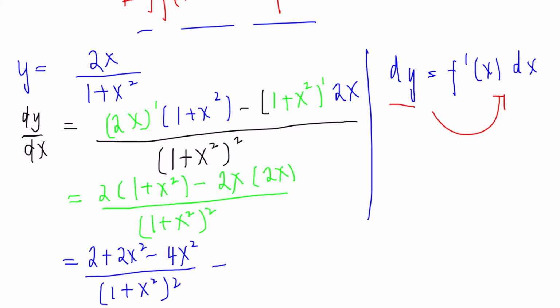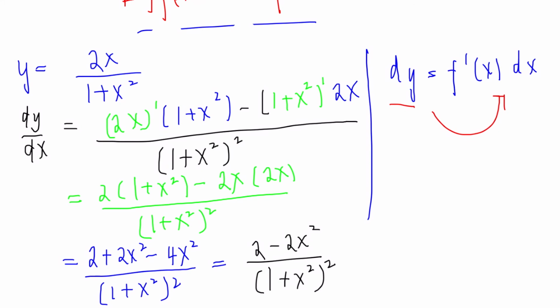Okay, this eventually gives us, if we simplify further, 2 minus 2x squared all over 1 plus x squared raised to power 2.